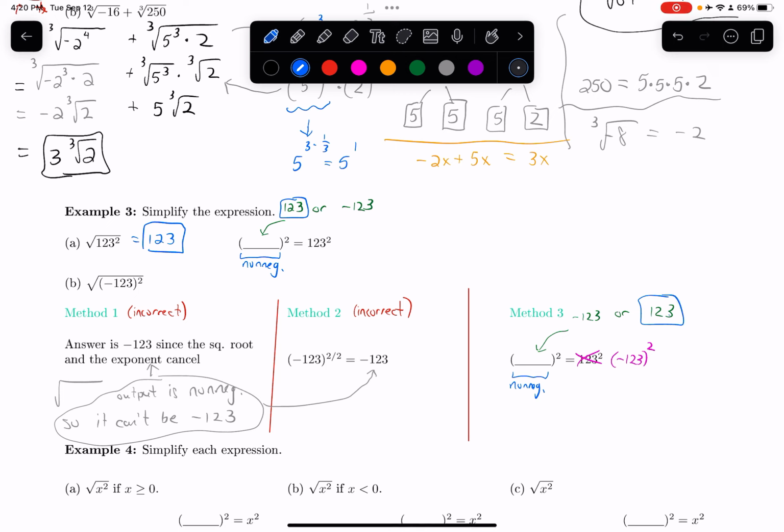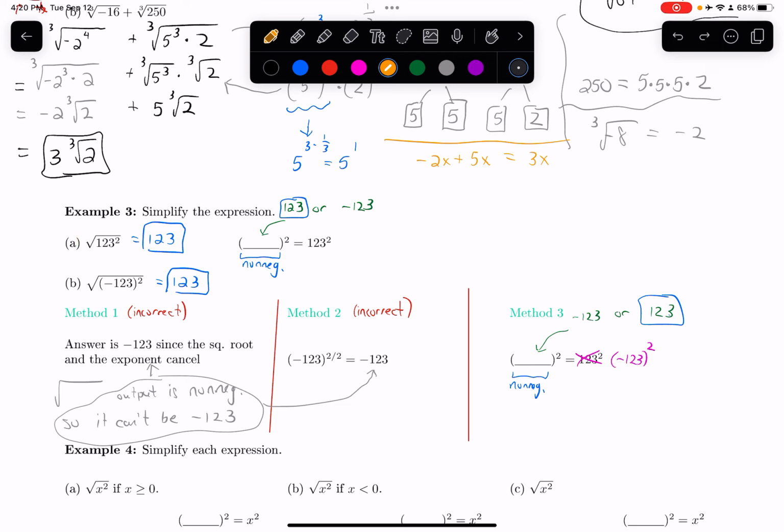That's my answer again, positive 123. There's another way I could have arrived at that answer. I could have noticed from the beginning that squared and a negative changes it into a positive. And if I change it into a positive first, then I'm in the clear to cancel them away, because now I don't have a negative base anymore.